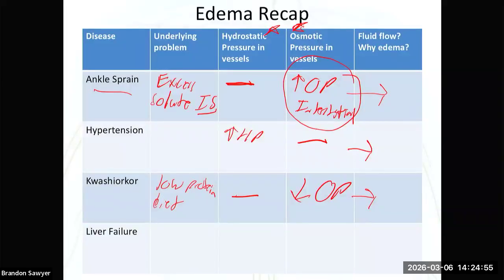And then lastly, with liver failure, we have increased hydrostatic pressure because of the scar tissue. And then we have decreased osmotic pressure because of the decreased albumin. And so those two things together are going to be the combo that leads to the fluid flow out of the vessels into that interstitial space.